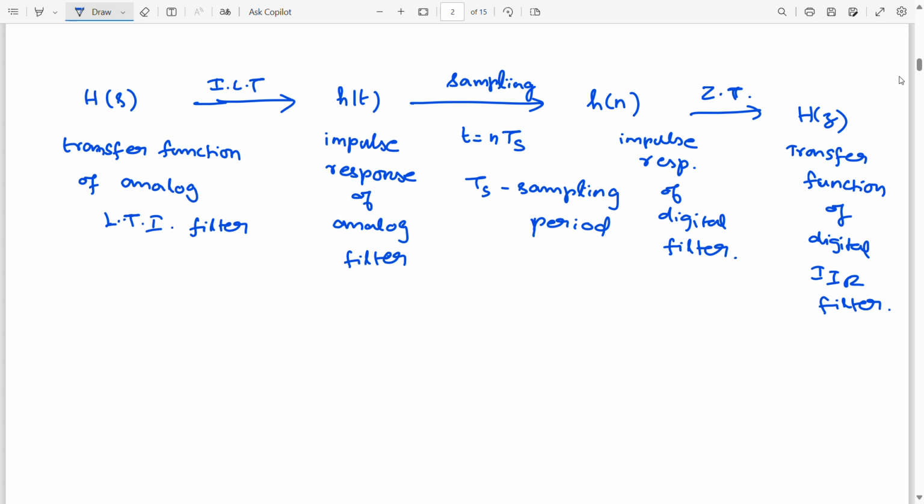Here, the samples are taken from the impulse response of the analog LTI filter at every time instance nTs. We can get the impulse response of the digital filter. Here there are two transforms used. In analog domain, the Laplace transform is used, and in digital domain, the Z transform is used.